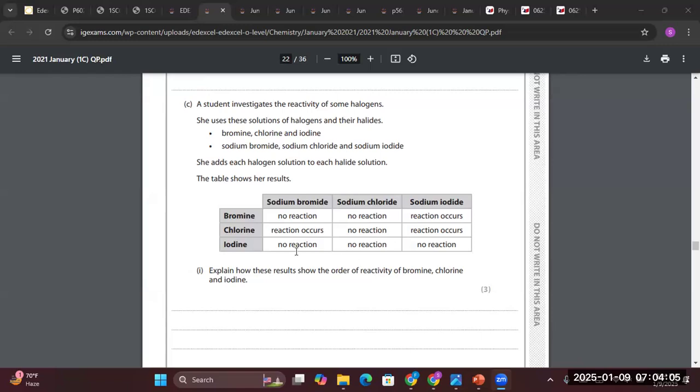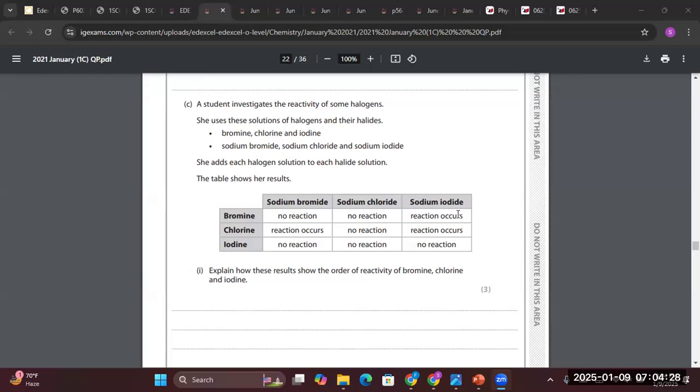So, for example, you can say that when chlorine reacts with sodium bromide, the reaction occurs. That means chlorine is more reactive than bromine, like this. When chlorine reacts with sodium iodide, once again the reaction occurs. That means chlorine is more reactive than iodine. So chlorine is the most reactive, right?